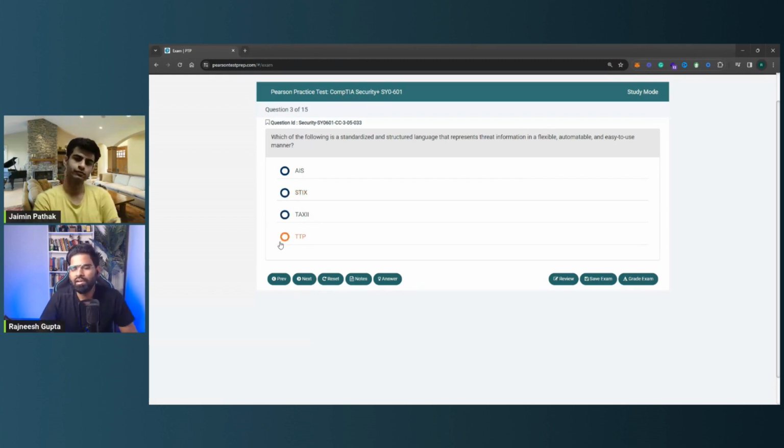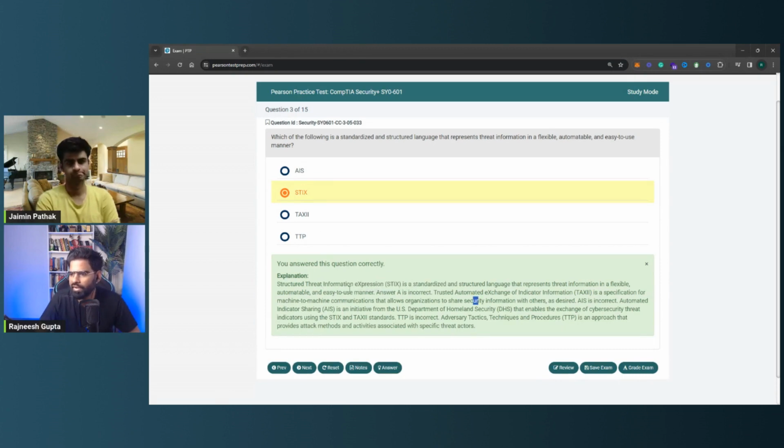TTP is the tactic, technique, and procedure used by the threat actors. It's not a standardized format. So I think STIX should be the right answer. Perfect. The full form itself is Structured Threat Information Expression. So it creates a kind of flow of threat actors and their techniques being used, threat groups, and everything. So this is like a flow of attack and their evidences and their patterns and everything.